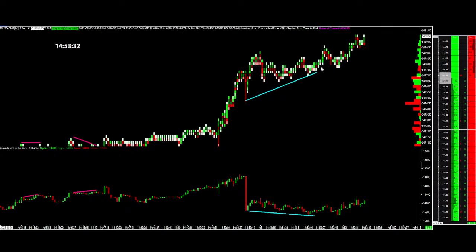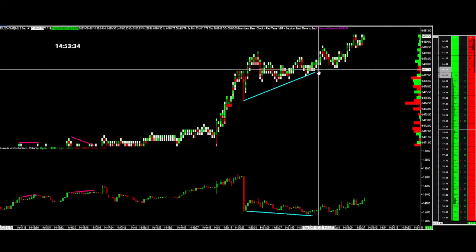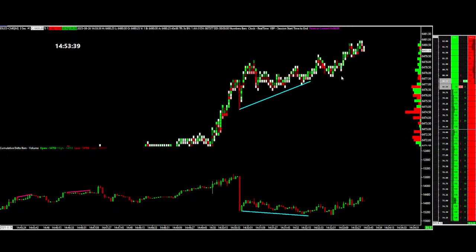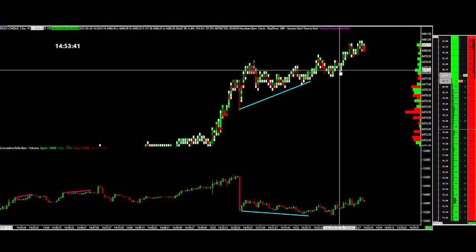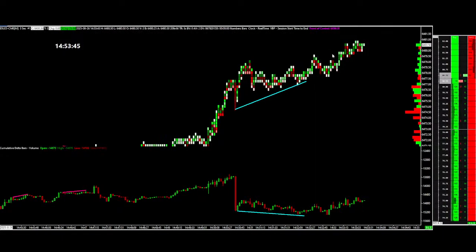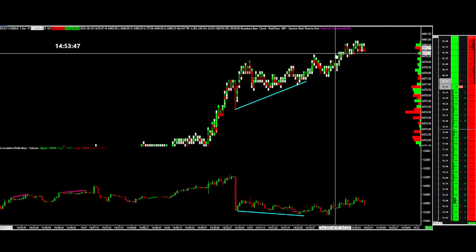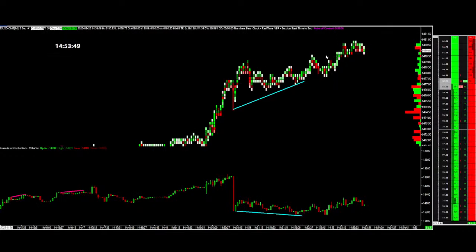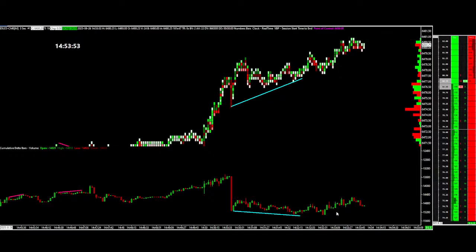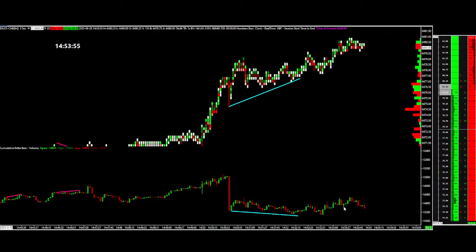This one kind of goes like... That's good. Here to here, there's another buy side. They just put it in right here. Buy side. But they just took it out.